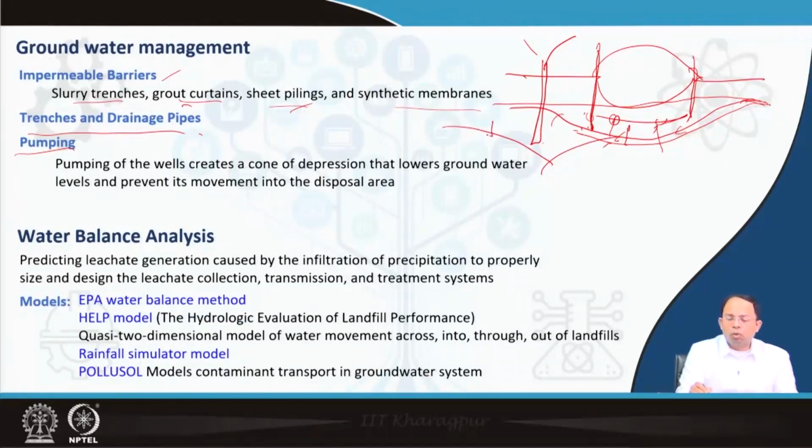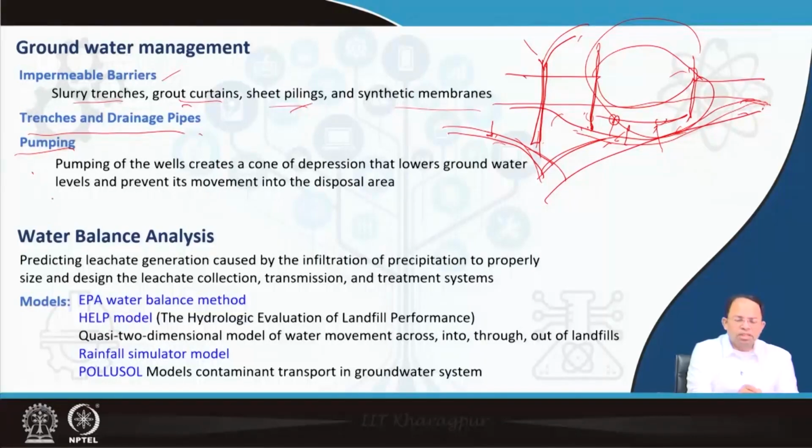This is called the cone of depression. So the groundwater table bends when we pump water using a deep tubewell or so on. Here also we can pump water, that will make the groundwater table bend, and that will not influence my landfill site. But this is an active measure and it will take electrical energy to keep the pumps running, and it requires a lot of additional investment.